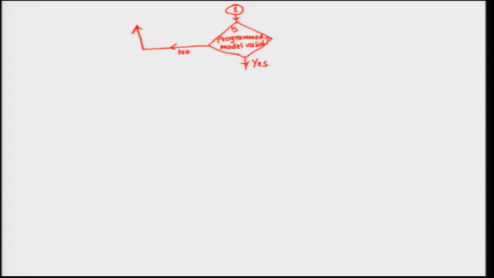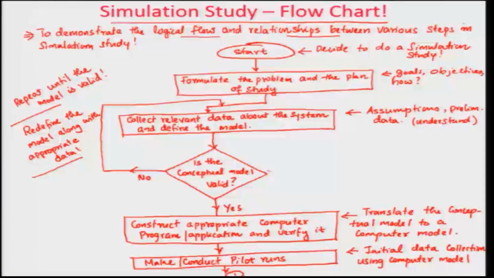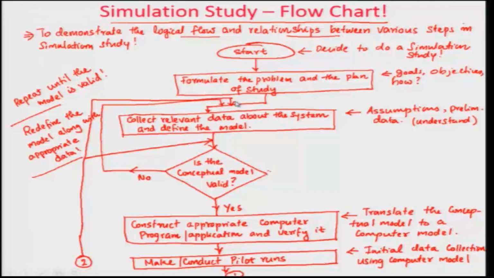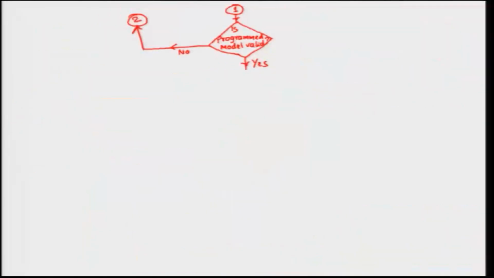If it is no, then we put another connector, here is our 2, and it goes back to 2 places. You can go back to the first check, is the conceptual model right, and the other check is here. So, we can see whether the conceptual model is right. If the answer is yes, then somewhere you have made a mistake here, otherwise go back to the original thing, okay.